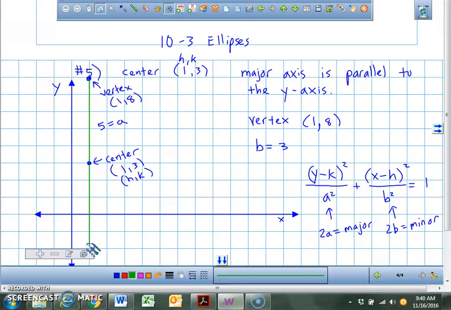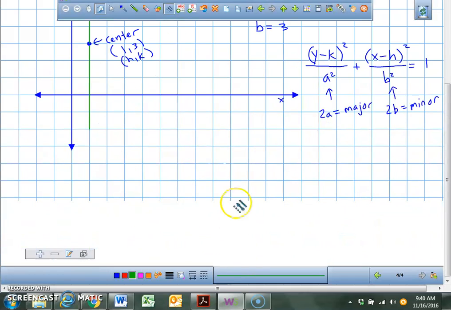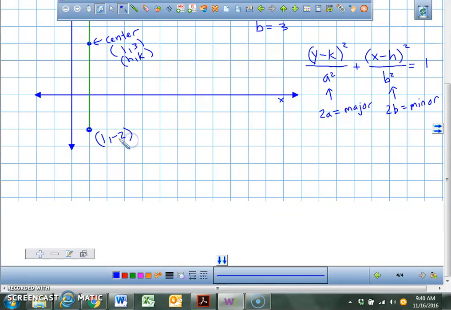Right there. This is our other vertex at 1, negative 2. 1, negative 2. That's another vertex. Just remember what I just said.